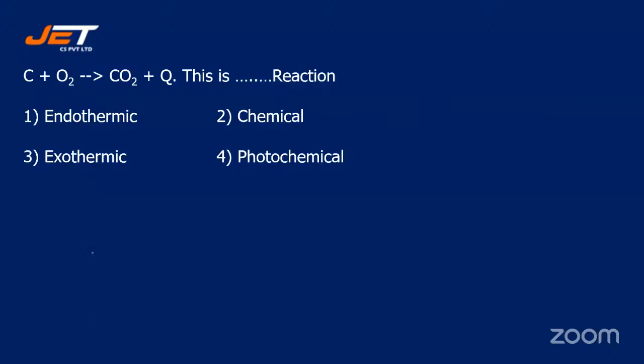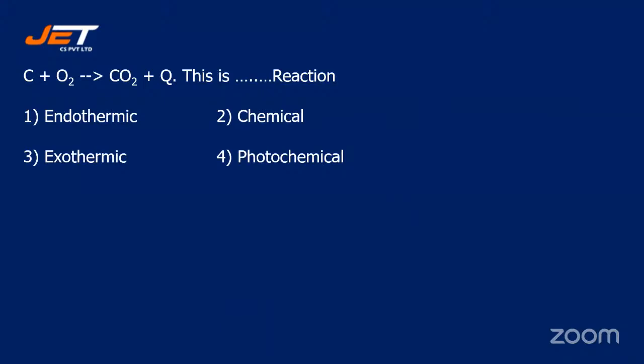Next question. Carbon plus oxygen gives rise to carbon dioxide plus Q. Here Q is what? Endothermic reaction, chemical reaction, exothermic reaction, or photochemical reaction. Which is your option? Let us see who will answer this. Harshavardhan is mentioning option 3.